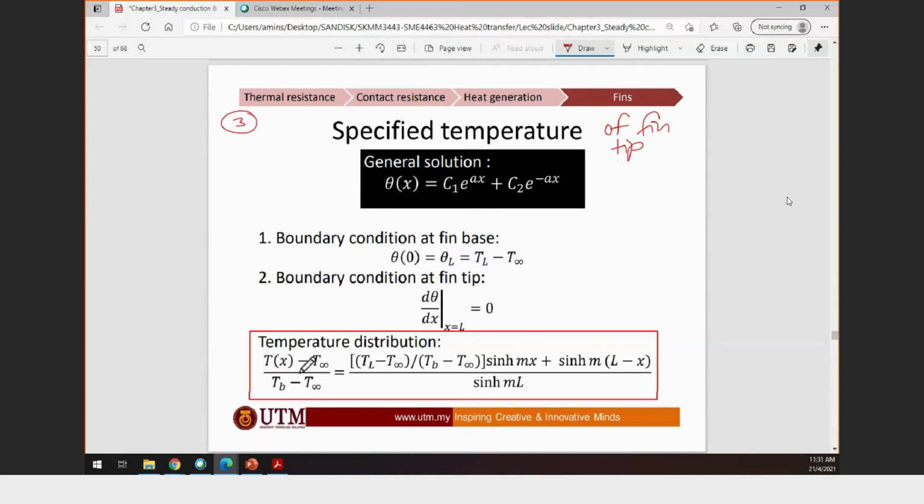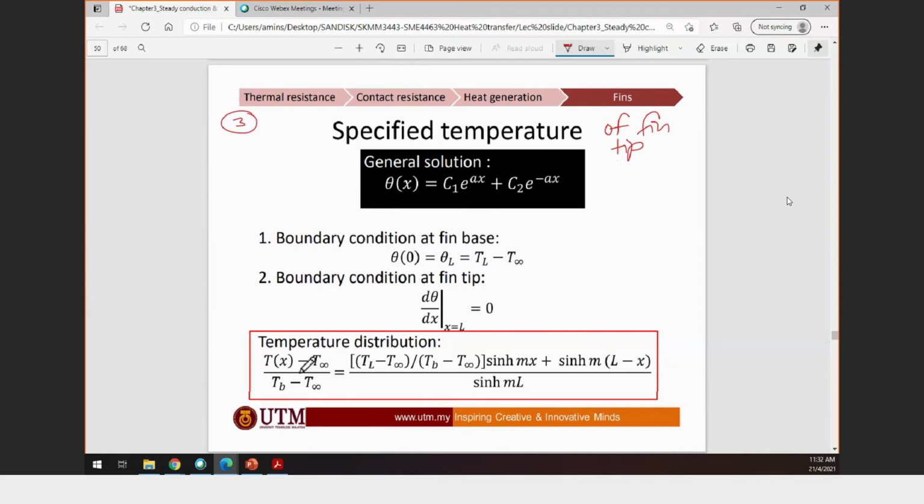If you realize, the temperature distribution from the first case to the third case now becomes a bit more complex, because like I said, we need to derive the equation so that it is considered as the real condition of the fin application.